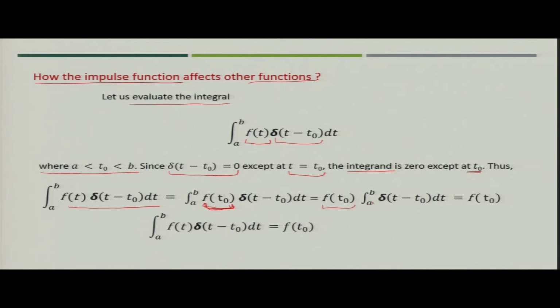What you are left with is the integration from a to b of delta t minus t naught dt, which is nothing but the unit area, as we saw from the definition of the unit impulse function. So, what you get finally is the value of f at time t naught.